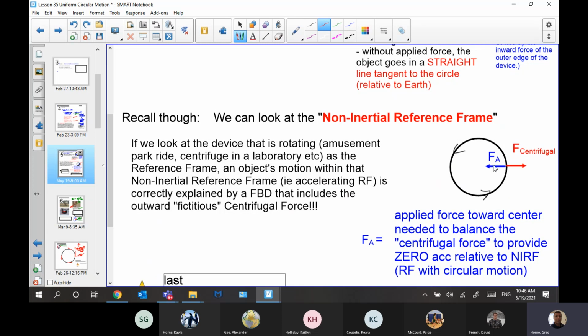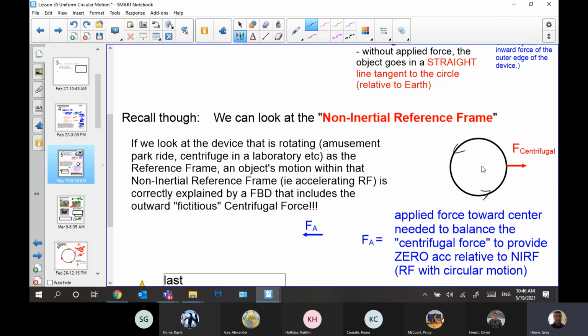In this one, if I cut the string, I don't have the force towards the center anymore, then what would happen? We wouldn't have this applied force anymore. So what's going to happen? There's a centrifugal force out from the center of the circle.